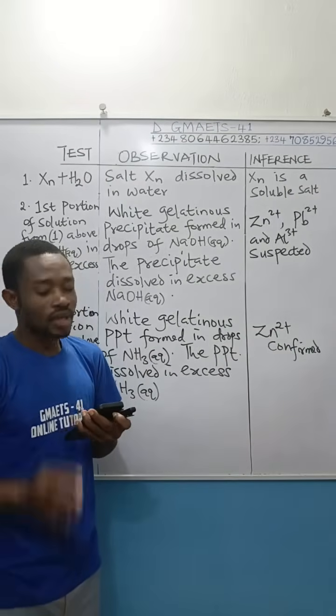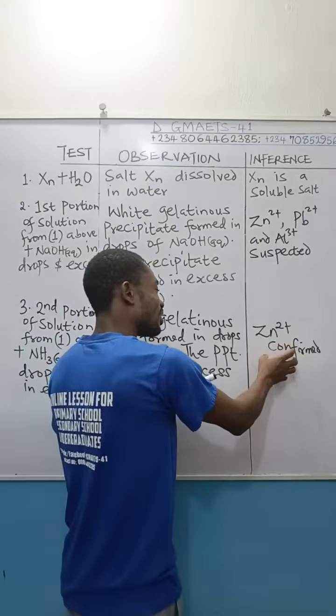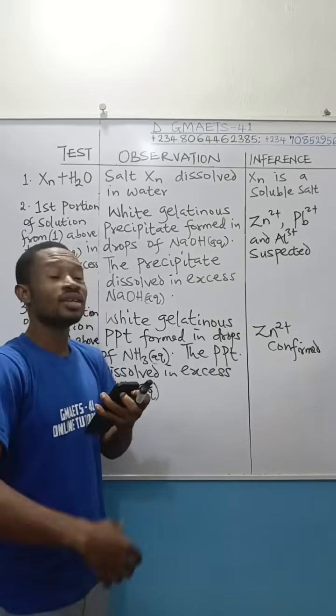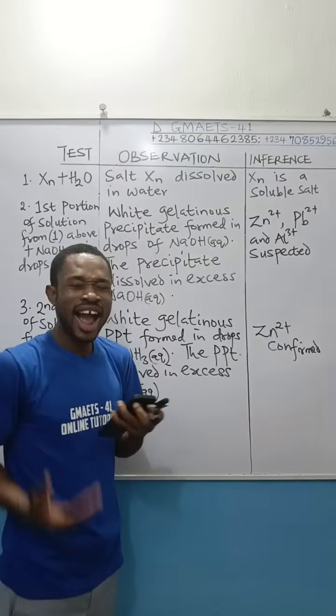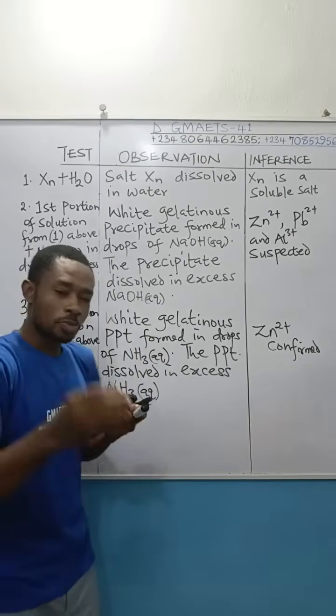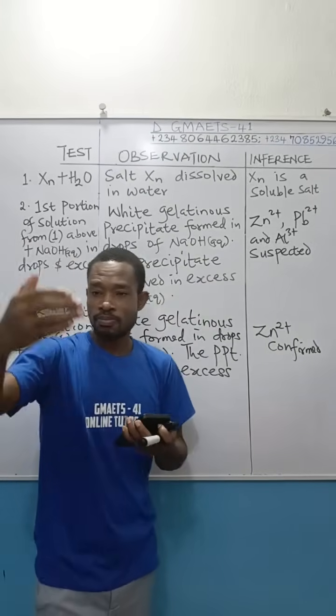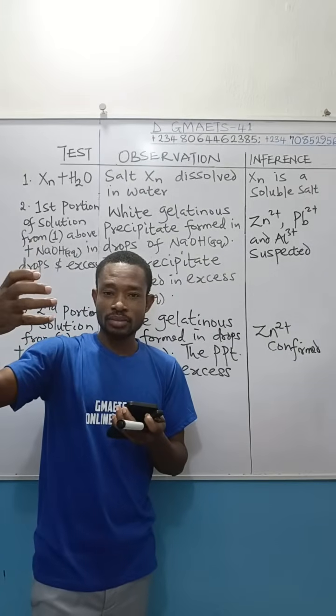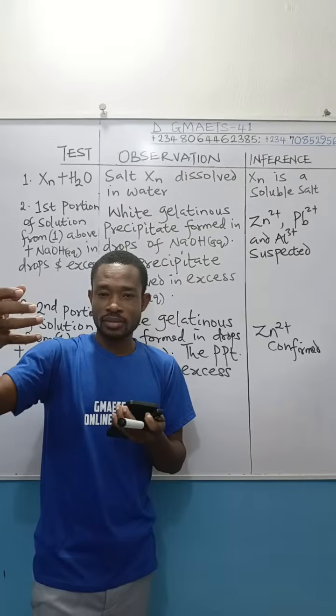Dear friends, there is something I want to do here before I write this issue of zinc 2 plus confirmed. Because you added in drops, it is possible that you looked at the test tube and saw the white precipitate.